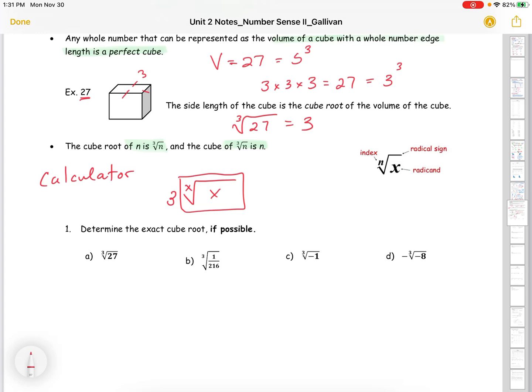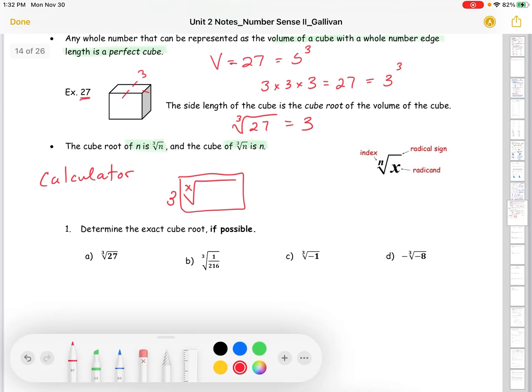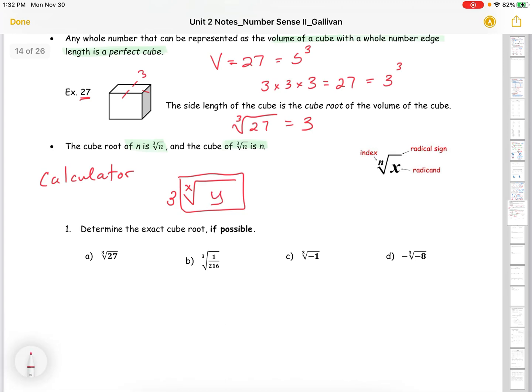I think that's what it looks like. Oh, it has a y. It isn't an x, it's a y. So say I was putting this in my calculator, I'm just going to try it out to make sure it works: 3, second function, cube root 27, equals.